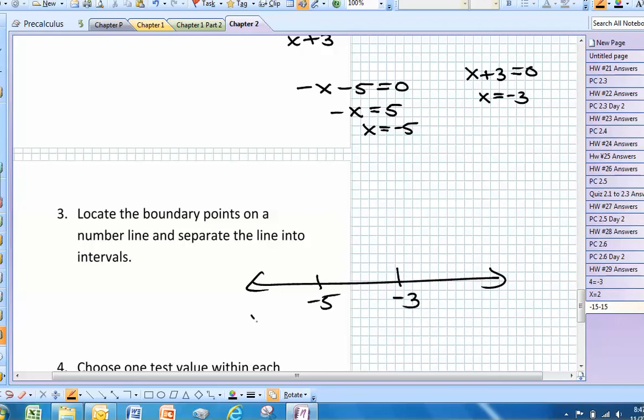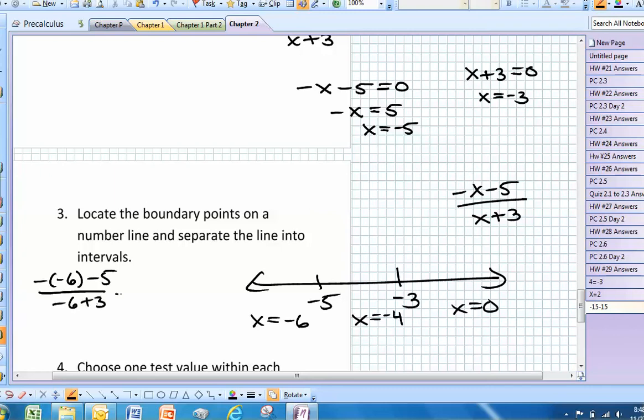So then I do test intervals again. Negative 6, negative 4, 0. Remember, my expression is negative x minus 5 over x plus 3. If I put negative 6 in, the opposite of negative 6 minus 5 over negative 6 plus 3, I get 6 minus 5, which is 1, over negative 3, so it's a negative number.